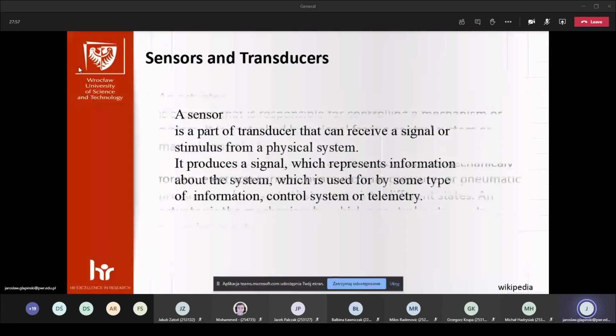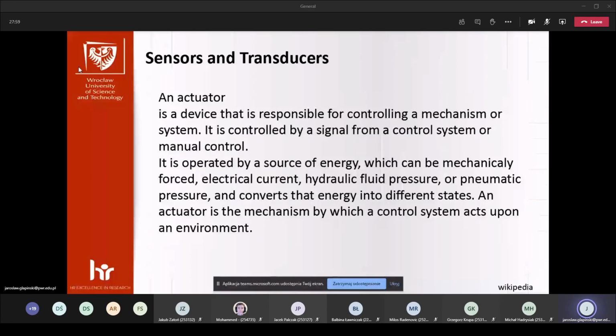An actuator, as I said, is a device responsible for controlling a mechanism or system. So it changes something. It is controlled by a signal from a control system or by manual control. So we've got manual actuators and system control actuators, or automatic control actuators, as we can say, or actuators that are controlled by the sensor. This is the most typical situation.